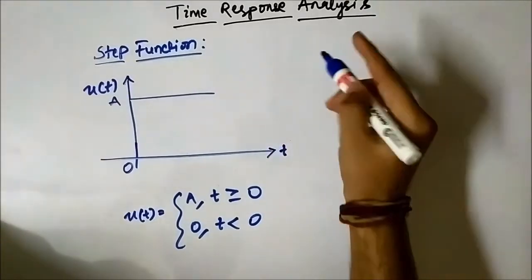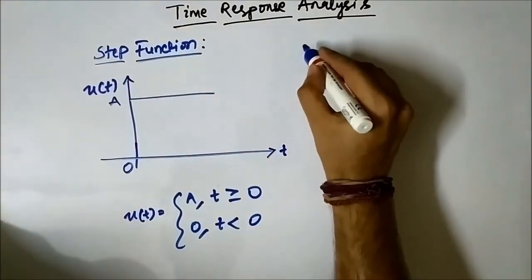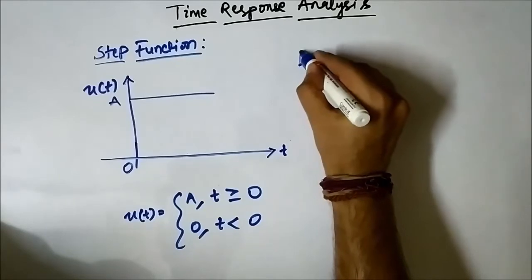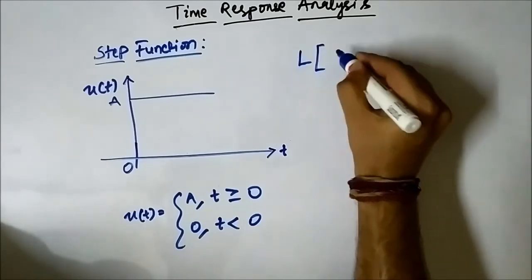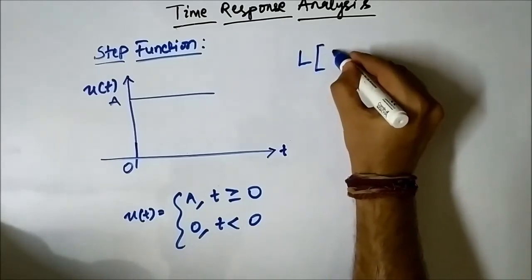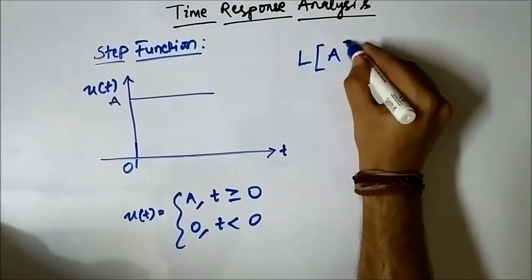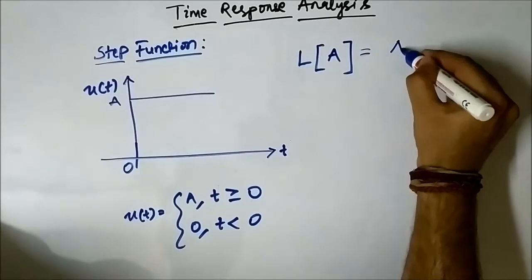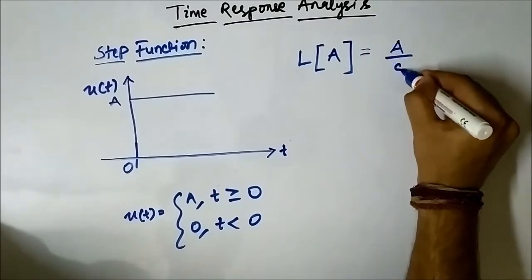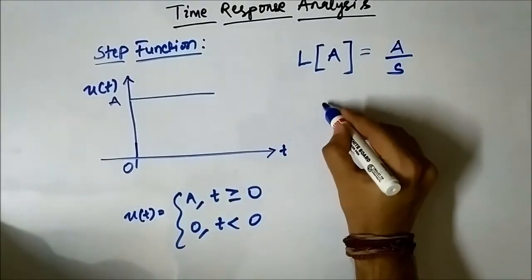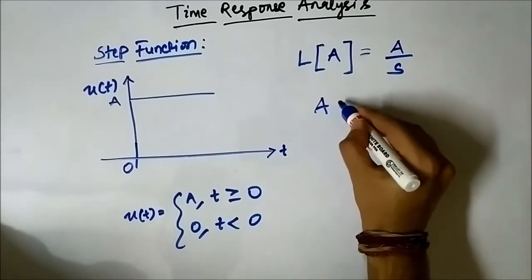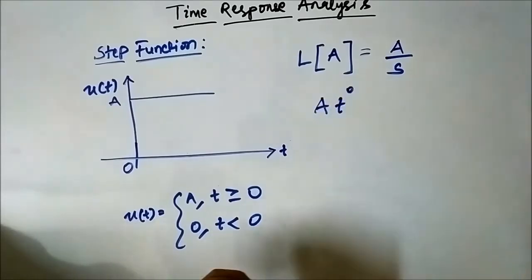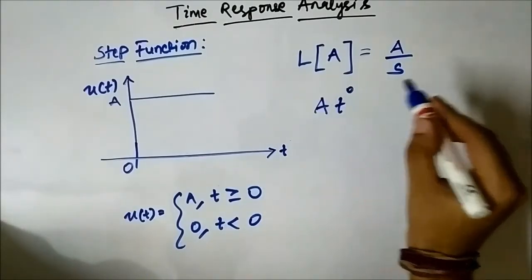Here, the Laplace transform of the step function, which has a constant magnitude A, is A by S. We can write A as A into t to the power 0.